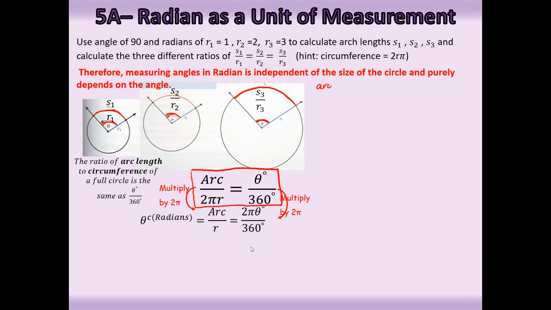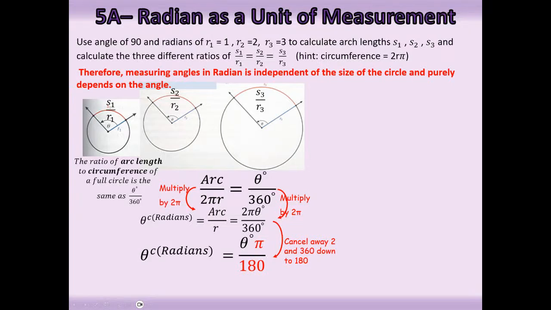And we can do some simplification, because on the right-hand side of that fraction there is a 2 on the top and a 360. We get the angle in degrees multiplied by pi divided by 180 rather than 360, because we simplified the 2 with the 360.